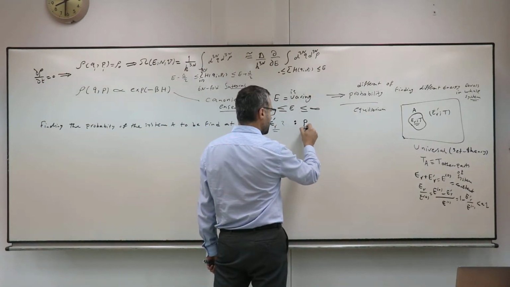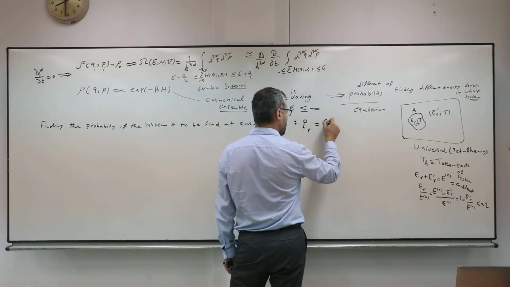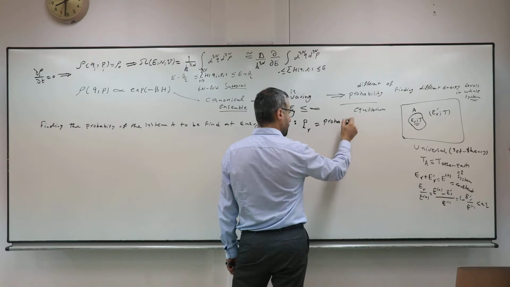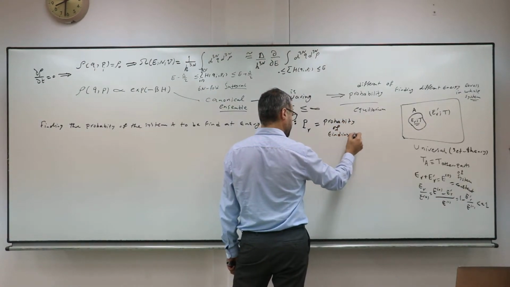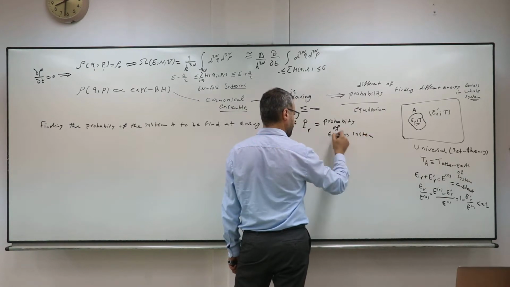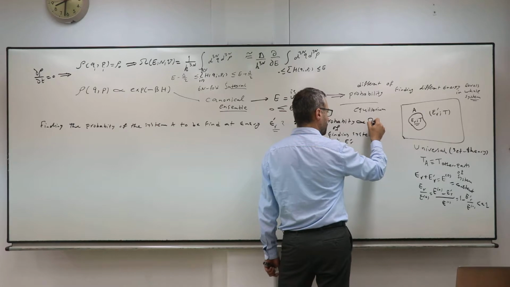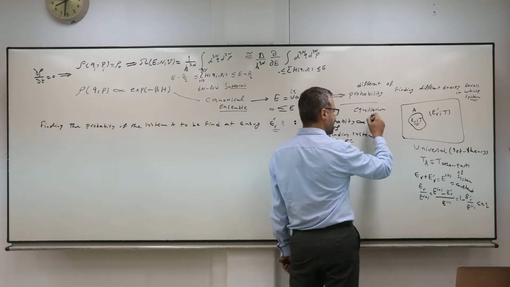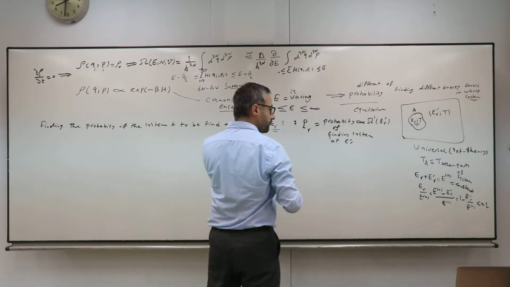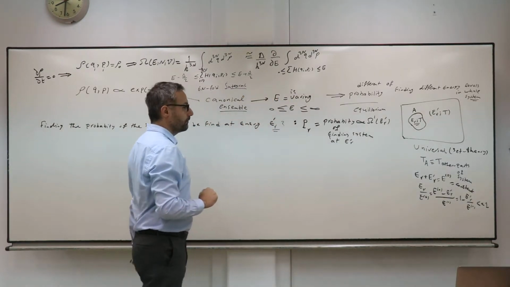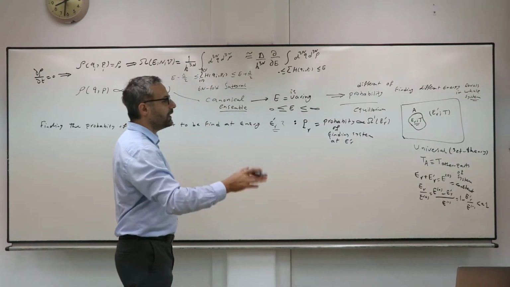So we say that PAR, the probability of finding the system at energy E prime R, is proportional to the number of accessible states of the system with the energy E prime R. And that's enough for us.